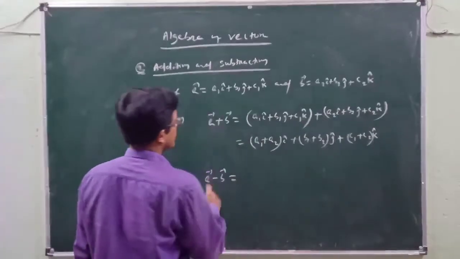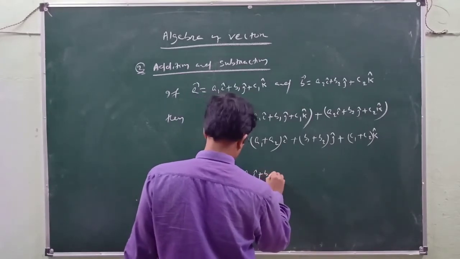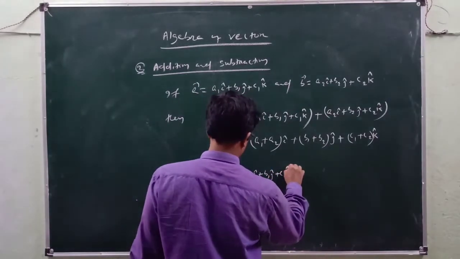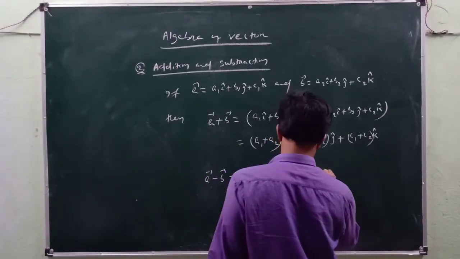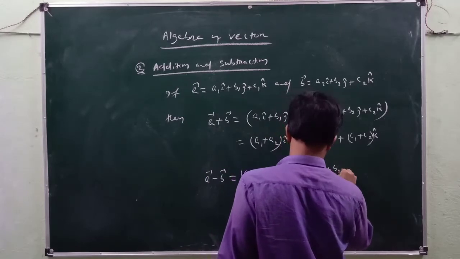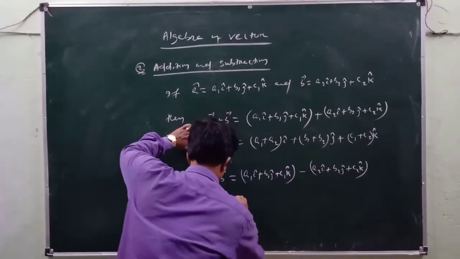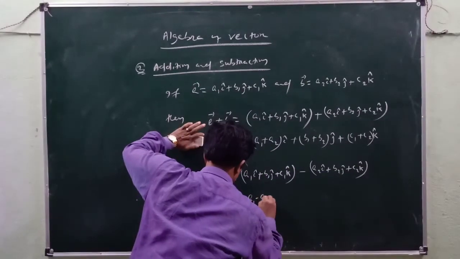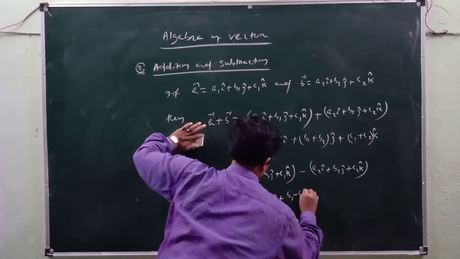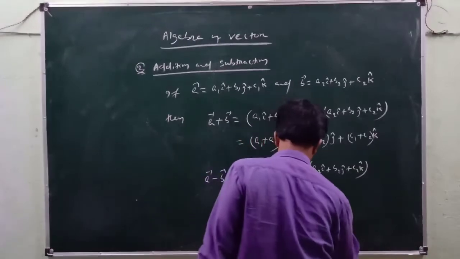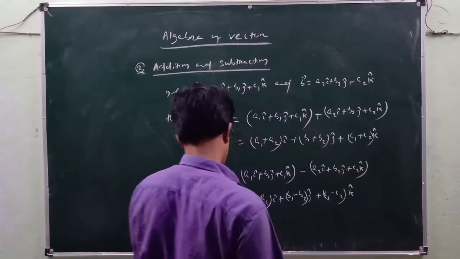Write here vector a as a1 i cap plus b1 j cap plus c1 k cap, then minus, in place of b vector, write a2 i cap plus b2 j cap plus c2 k cap. It will be a1 minus a2 i cap plus b1 minus b2 j cap plus c1 minus c2 k cap.